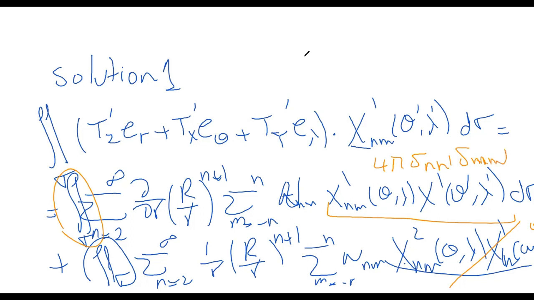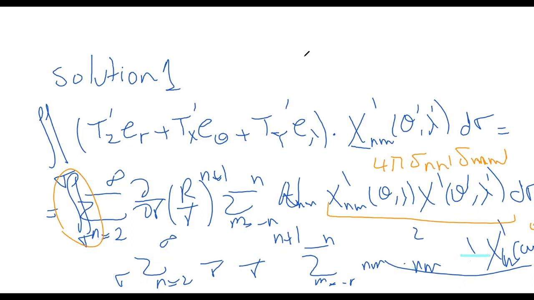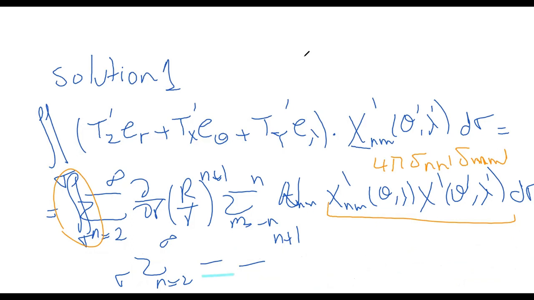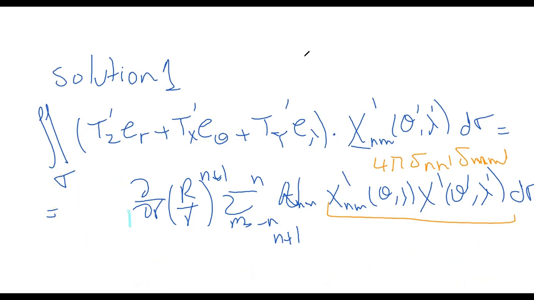So based on that, if I simplify this formula, this one is 0, so I delete it. And if I use the orthogonality properties of the spherical harmonics, because y_nm is equal to x_nm, therefore I will come to this formula.